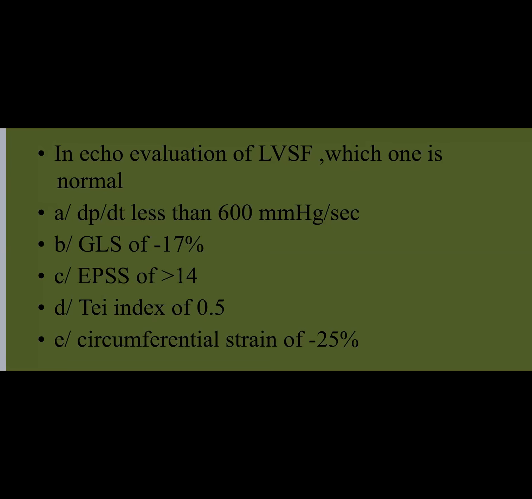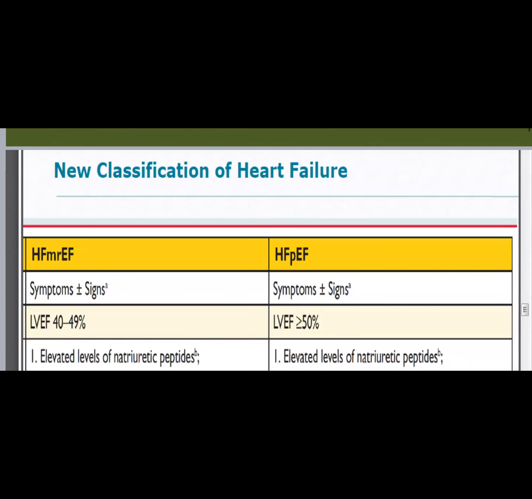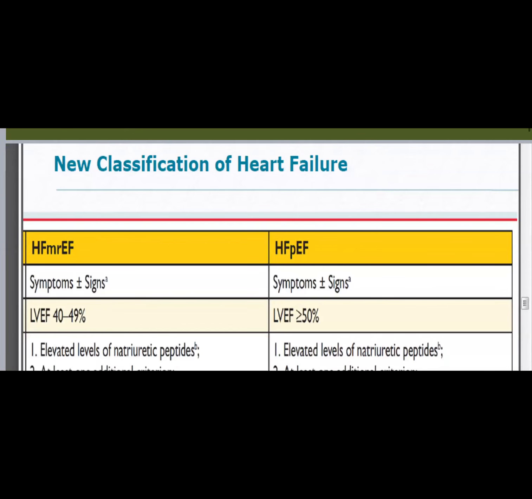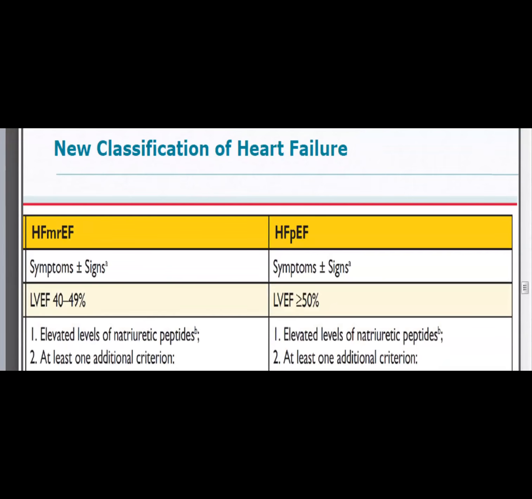So now, since 2019, there was an introduction of HF mid-range EF. So now we are talking about 3 categories of heart failure: HFmrEF, HFpEF, and HFrEF, right?